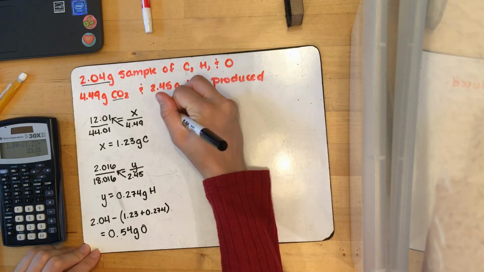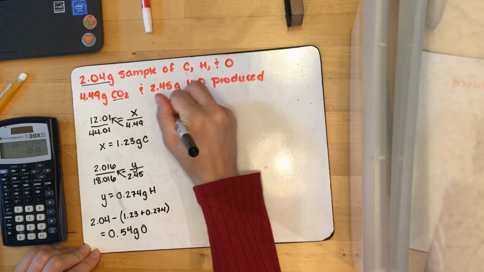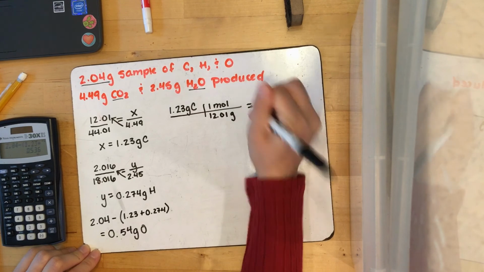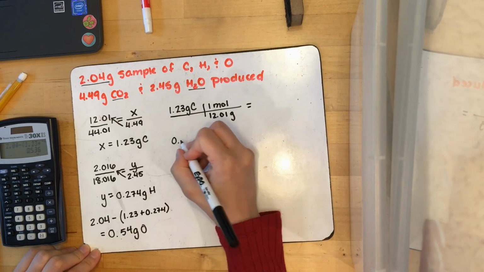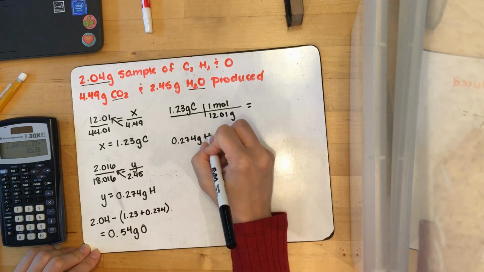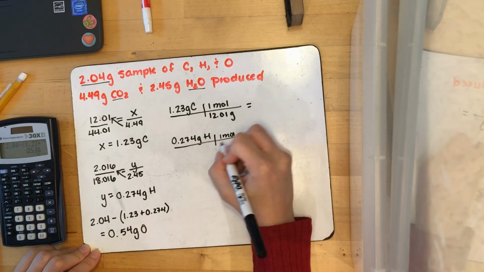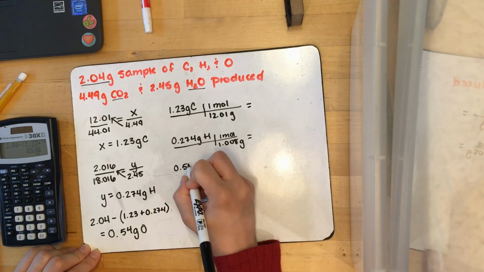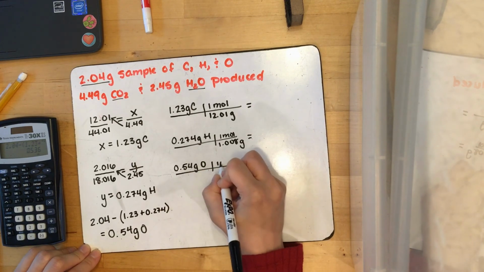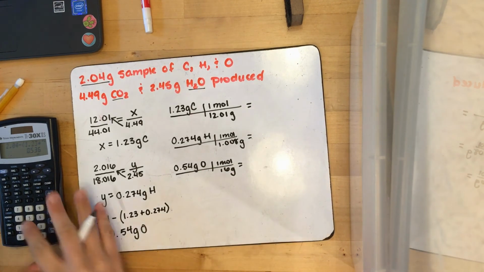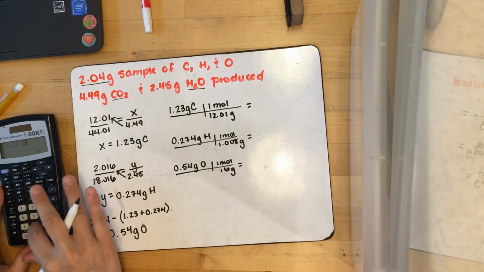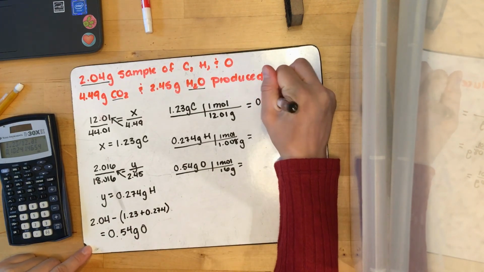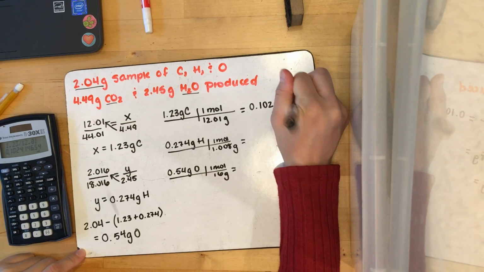Now we need to find the empirical formula. So we have the mass of each of these. We just need to convert that mass to moles. So just like before, we're going to take each of these grams that we have and use our molar masses of those elements to find out how many moles we have. And again, at this stage, we still are rounding to sig figs.